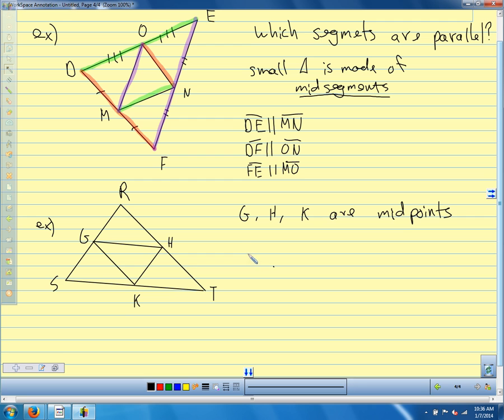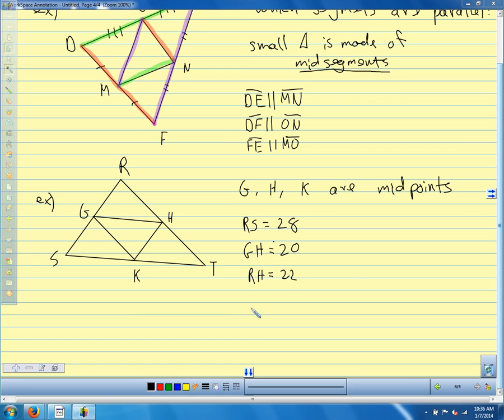And we know that segment RS is 28. Segment GH is 20, and segment RH is 22. And we want to know how long are segment KH, segment ST, and segment GK.